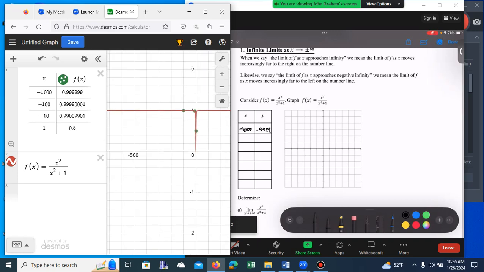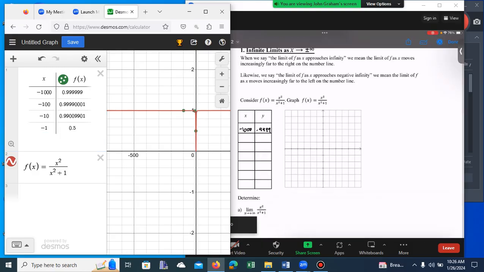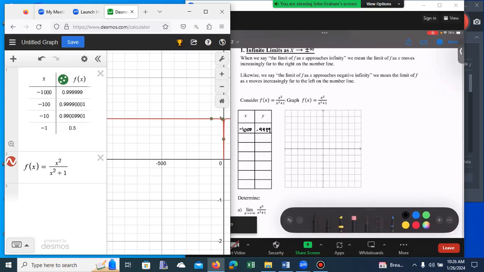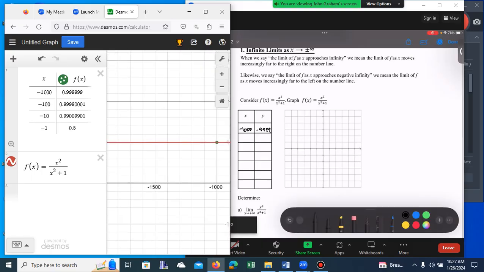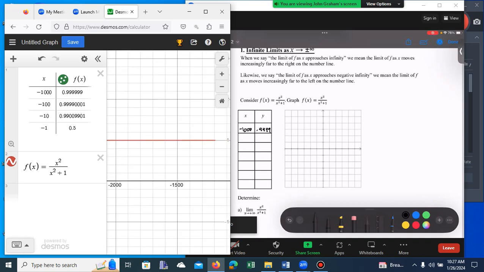Right, so when we're close to 0, you get a number that's between 0 and 1. 1 is halfway, but as soon as we start increasing x or decreasing x in the negative direction, it jumps up and gets closer and closer to 1. And that's the way it is all the way through.